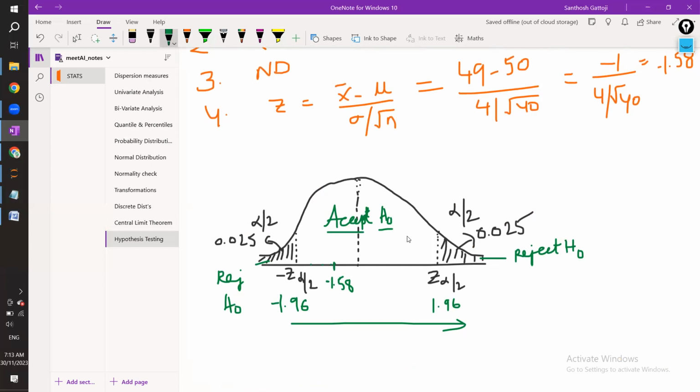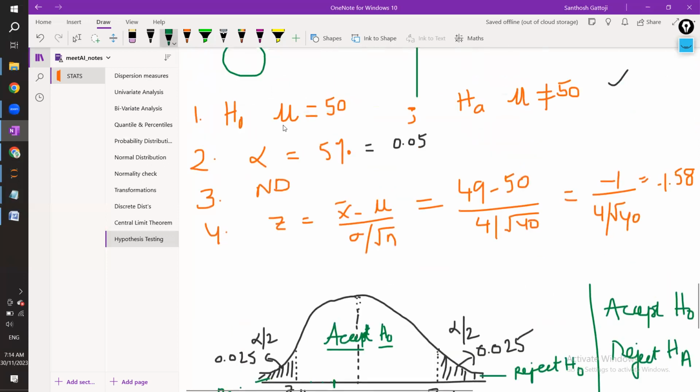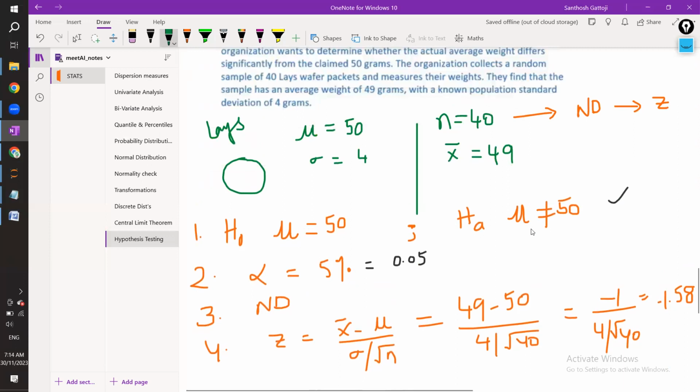No. In this scenario we accept the null hypothesis and reject the alternate hypothesis. What is the null hypothesis saying? That the mean is equal to 50. And the alternate hypothesis says not equal to 50, which is now disproved.